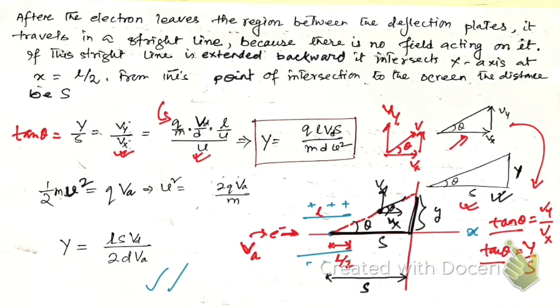The accelerating potential applied is VA, and the charge of the electron we have taken as Q here. So in that case, the kinetic energy, half mu square, as it is moving with u, will be given by Q into VA, where VA is the accelerating voltage.